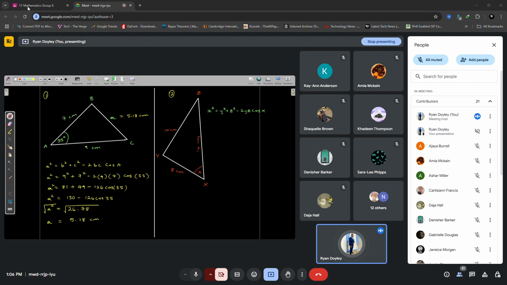It's very important that you know how to set out this formula. All right, so let's plug in our values. So that's 10 squared is equal to 14 squared plus 8 squared minus 2 times 8 times 14 cos x.